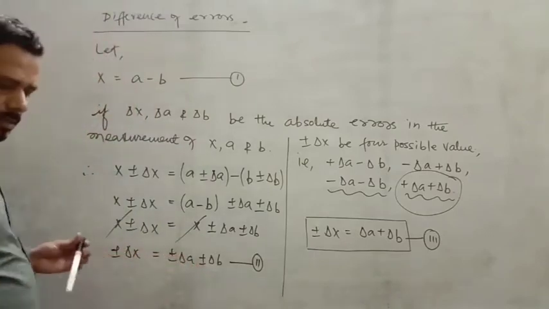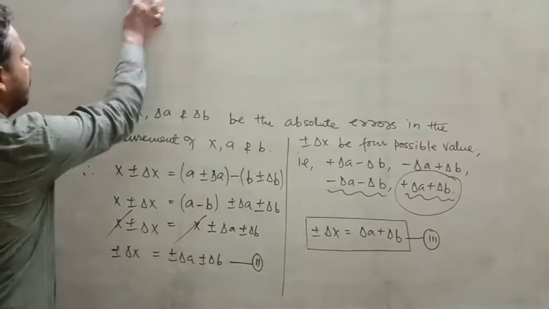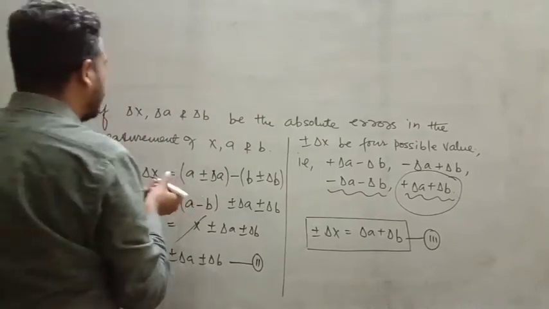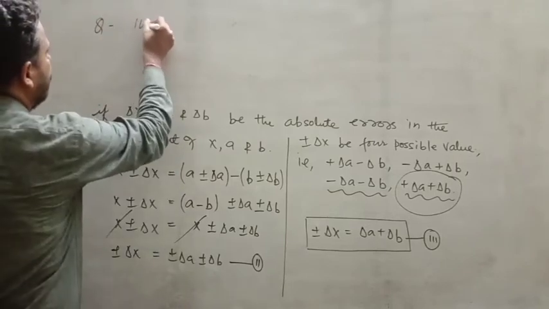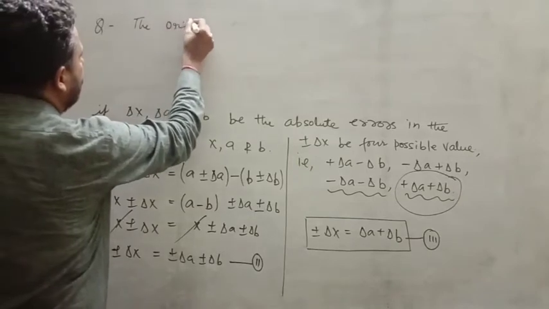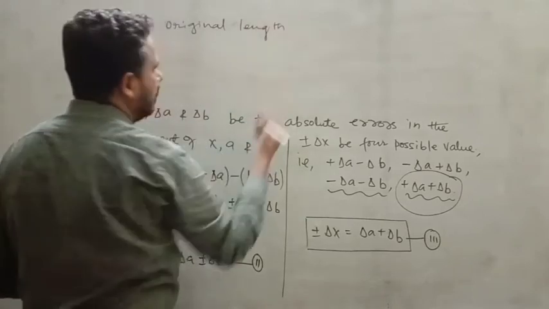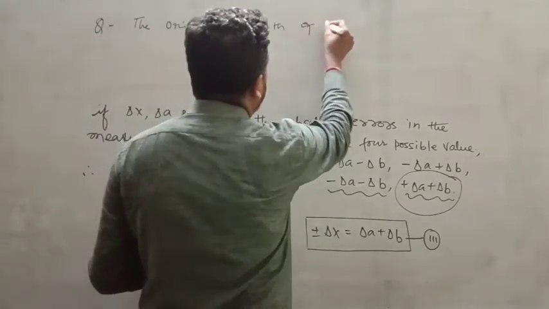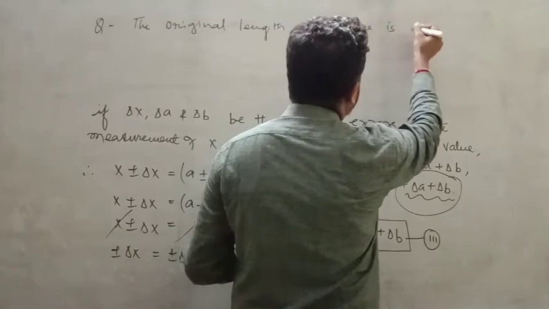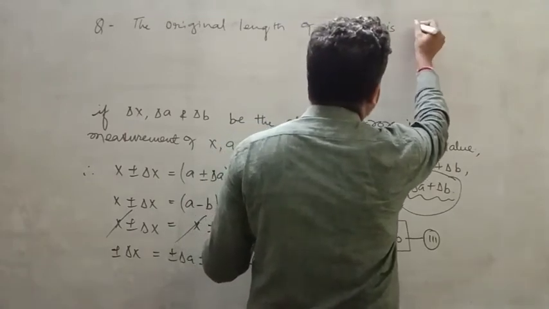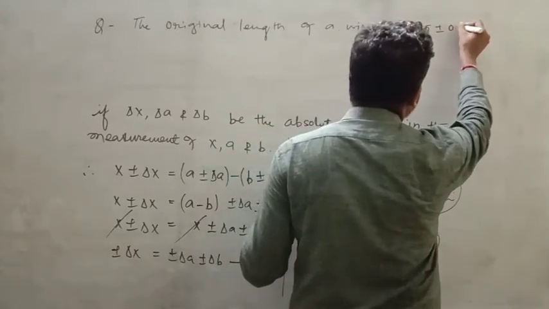Let's take an example, just like a question: the original length of a wire is 165 plus minus 0.32 centimeter.